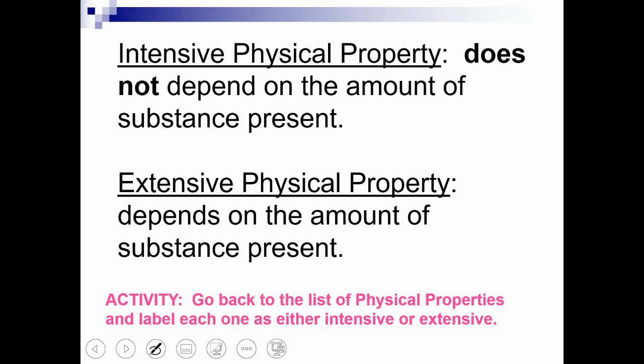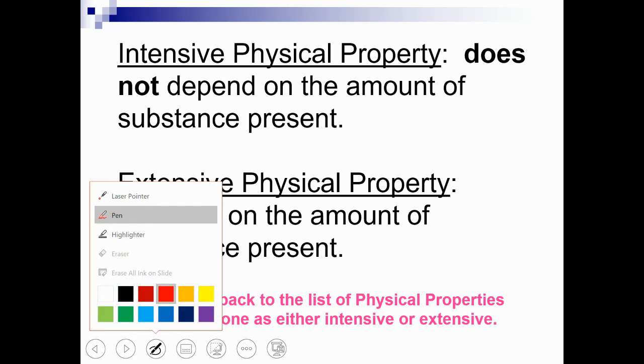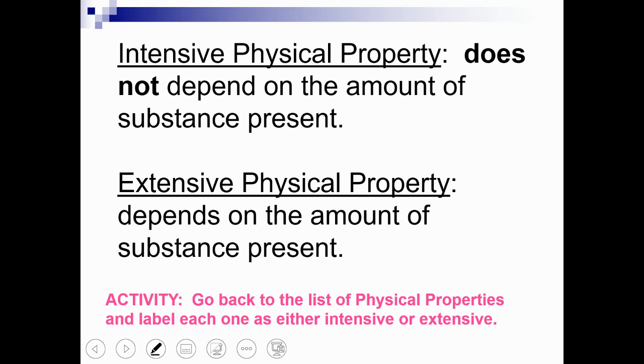Now, if it's an intensive physical property, that means that it does not depend on the amount of substance present. Like if I ask you, for example, what's the boiling point of water? You don't have to ask me like how much water is in the pan.